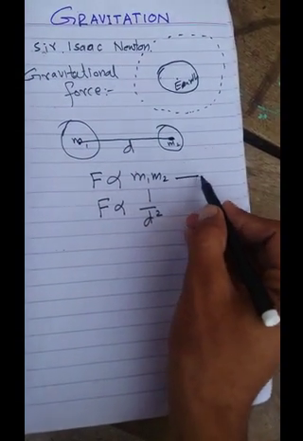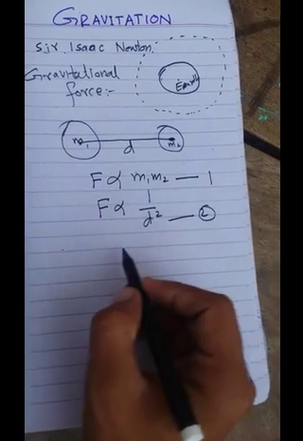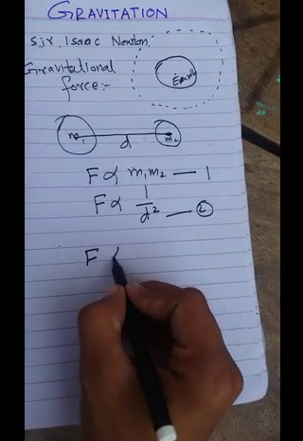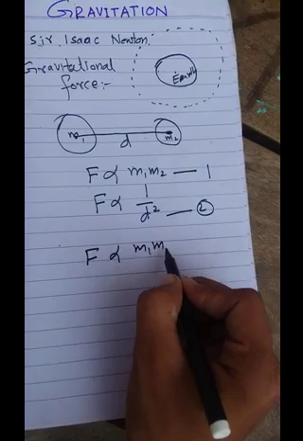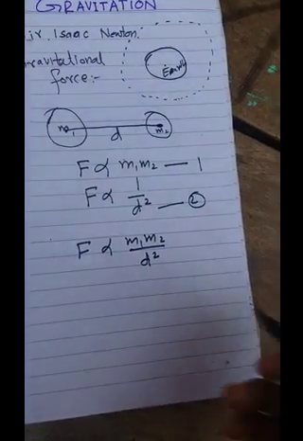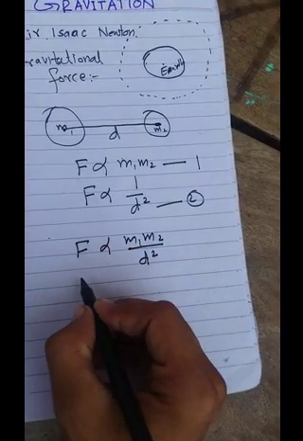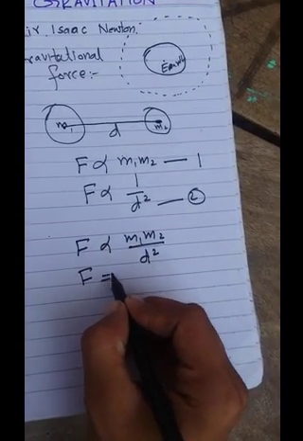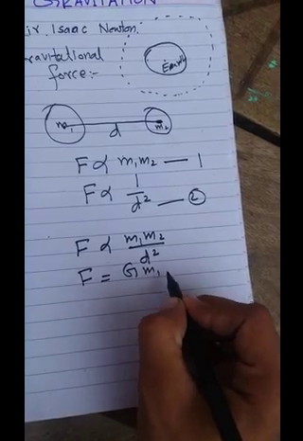By combining these two factors, what will I get? F is proportional to m1 m2 over d square. On removing the proportionality sign, I will get a constant on the right side of this equation.